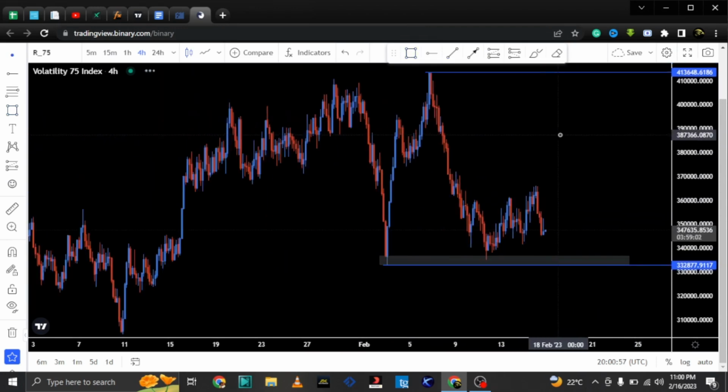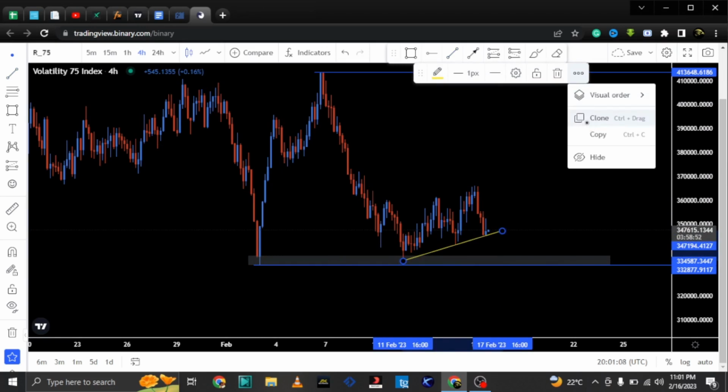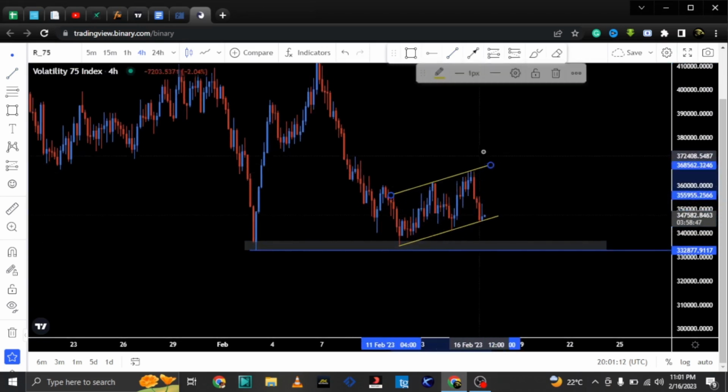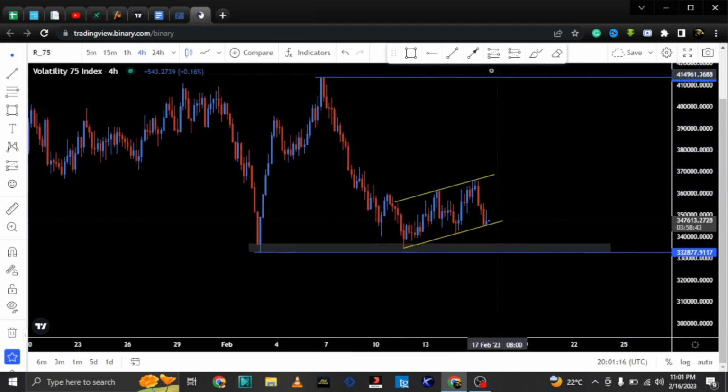All right. What is happening right now is the market is giving us this structure over here. You can see that we have a very clean structure. Now, this could actually be an impulse move.